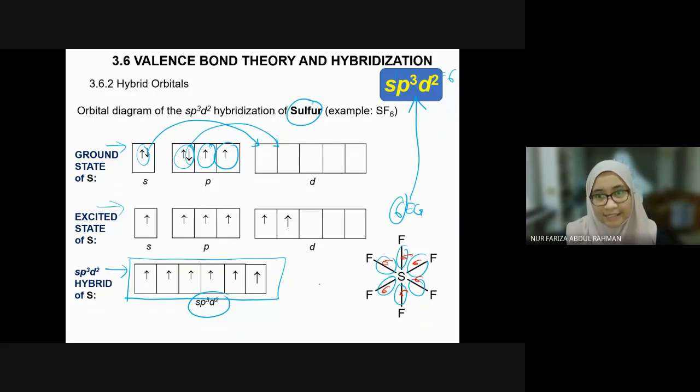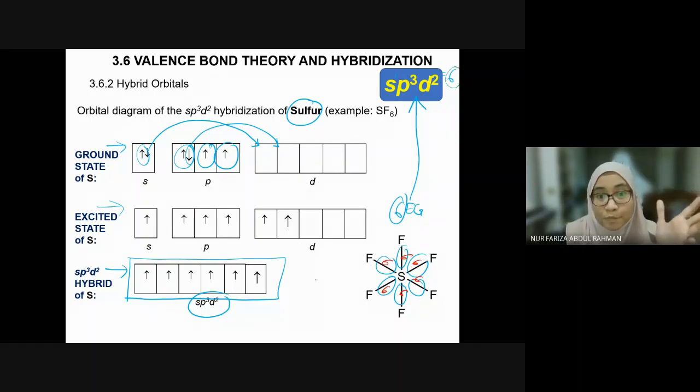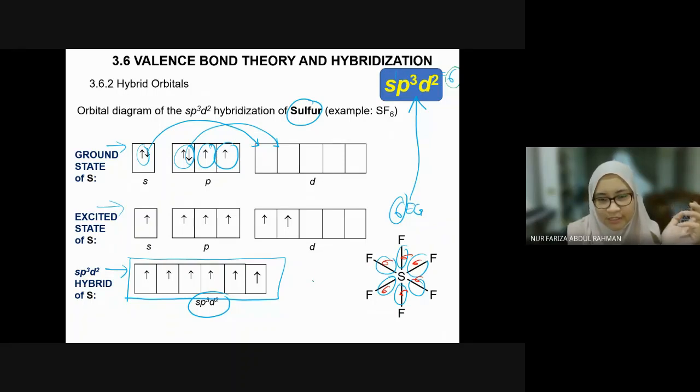Okay, so we have 6 electron group kan. Okay, so let's draw 6 lobes, 6 cuping. Okay, macam mana nak draw 6 cuping? 1, 2, 3.